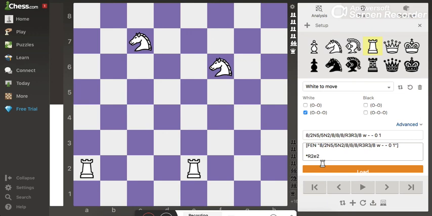This is common, Rh e2. This is the common way all the pro chess players write this, but since you're a beginner, you can simply write Rh2 e2. This is also fine.